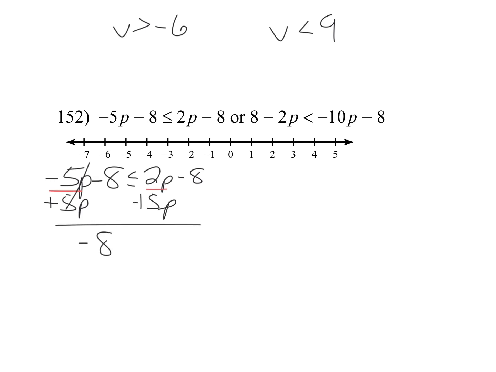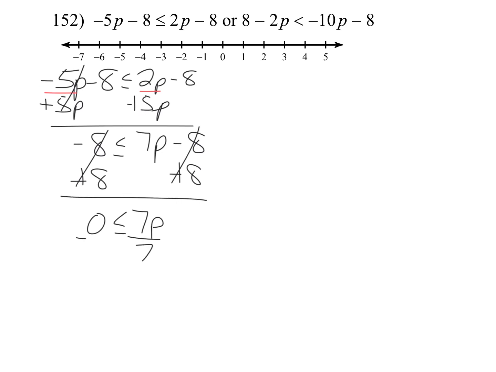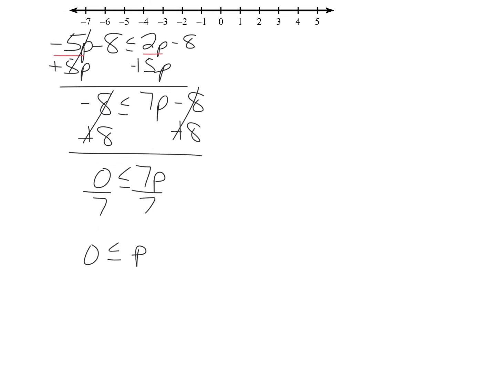So we have negative 8 is less than or equal to 7p minus 8. From here, what do we do? Add 8. We get 0 is less than or equal to 7p. Divide by 7, we get 0 is less than or equal to p. Do we like it like that? Nope, let's flip it. p is greater than or equal to 0.